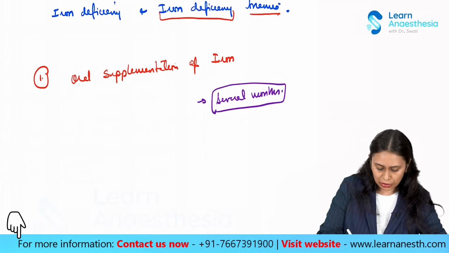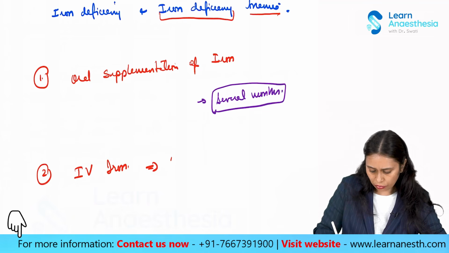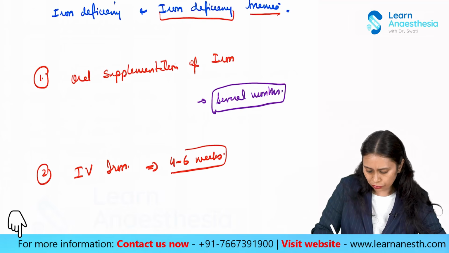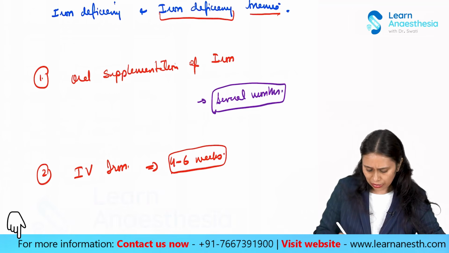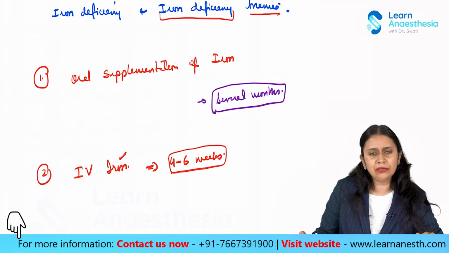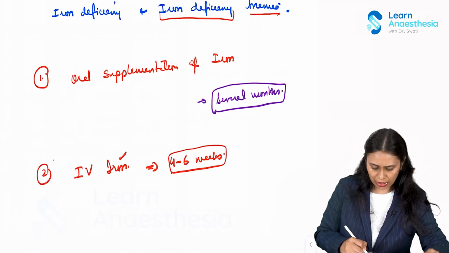And if we are using intravenous iron, then it takes 4 to 6 weeks to get repleted. So if the surgery is semi-urgent, then we can use IV iron. And if oral iron cannot be absorbed properly, then also we can go for IV iron.